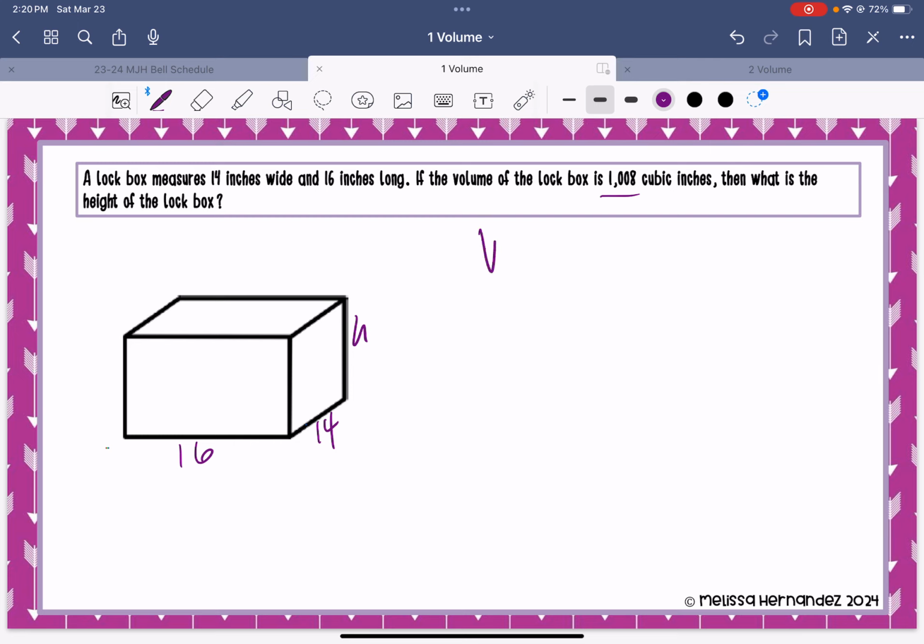So first thing I'm going to do is write down my formula. I'm going to plug in my values. 1,008 is my volume. The area of the base is 16 by 14.